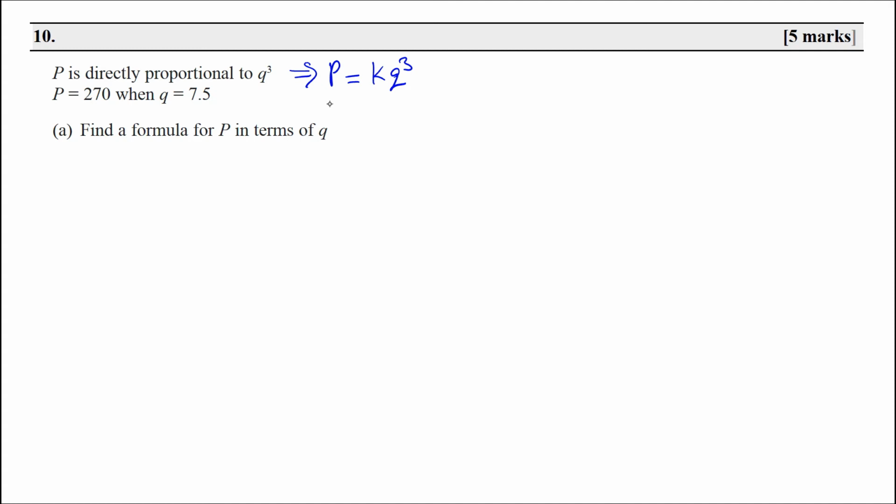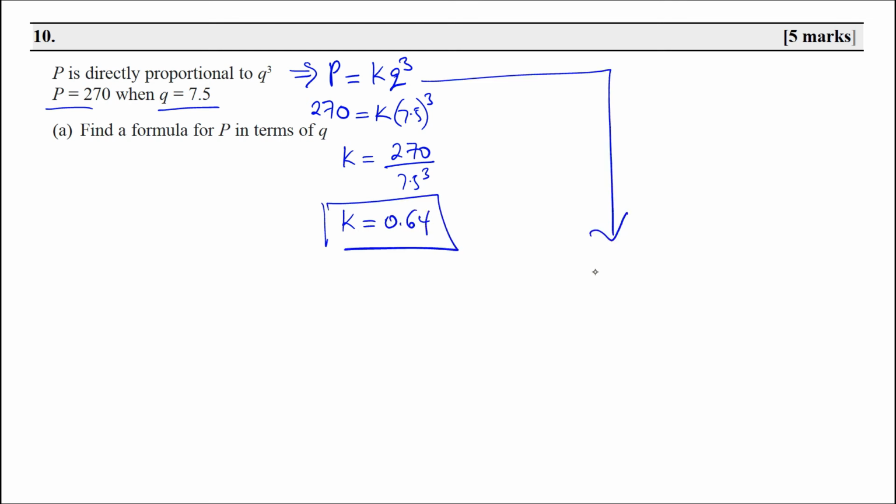To find k, we will substitute these points into the equation. So 270 will be equal to k multiplied by 7.5 cubed. Then k will be equal to 270 divided by 7.5 cubed. You can just plug that in the calculator. That will be equal to 0.64. So our formula will be P is equal to 0.64 Q cubed.